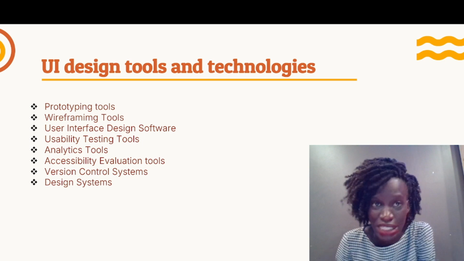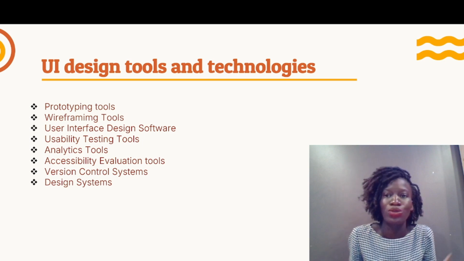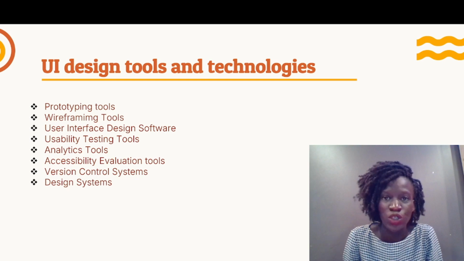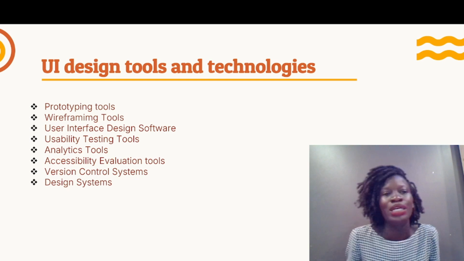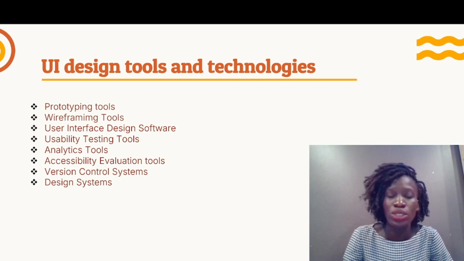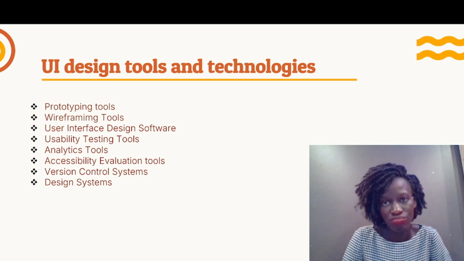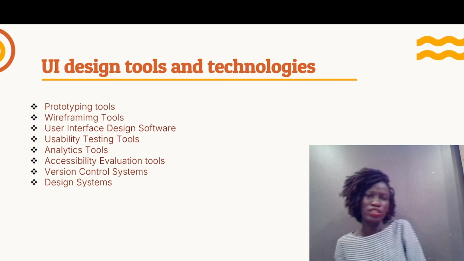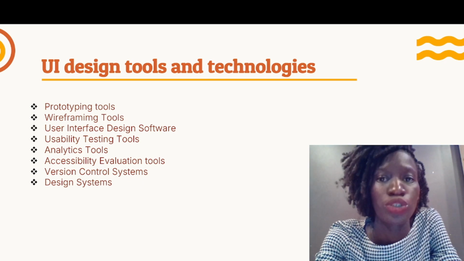We have usability testing tools that are used to evaluate how users interact with a UI to identify usability issues. Analytics tools, these tools collect and analyze data to analyze user behavior and improve the UI. For example, Google Analytics. Accessibility evaluation tools.